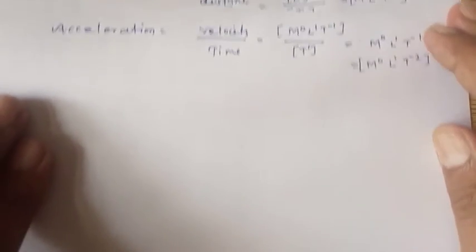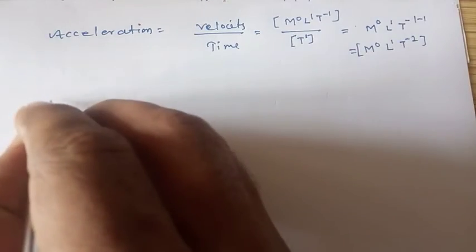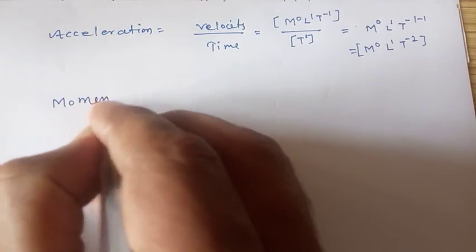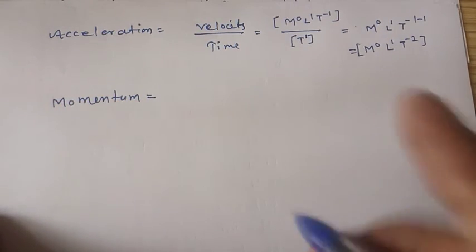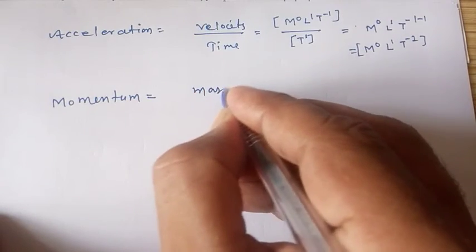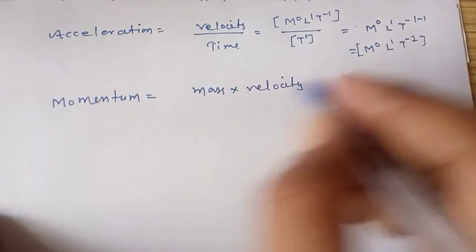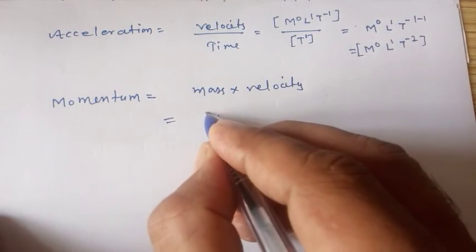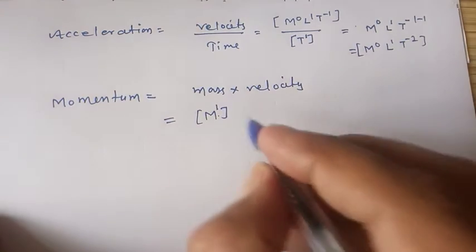Now let us calculate the dimension formula for momentum. So momentum is the product of mass into velocity. Mass has the dimensions of M, as it is only once, so M power 1.